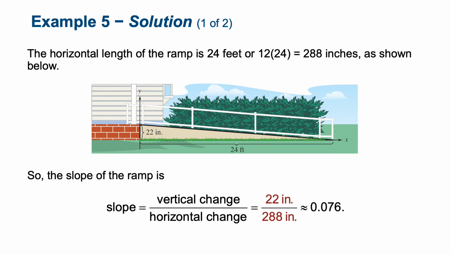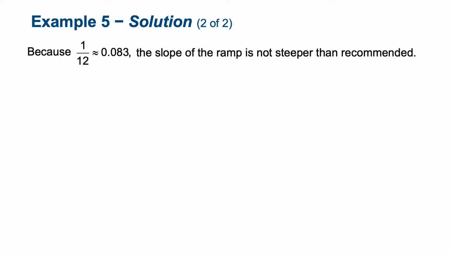Once you simplify that, you get 0.076. And 1 over 12 is 0.083. So the slope of the ramp is actually not steeper than recommended.